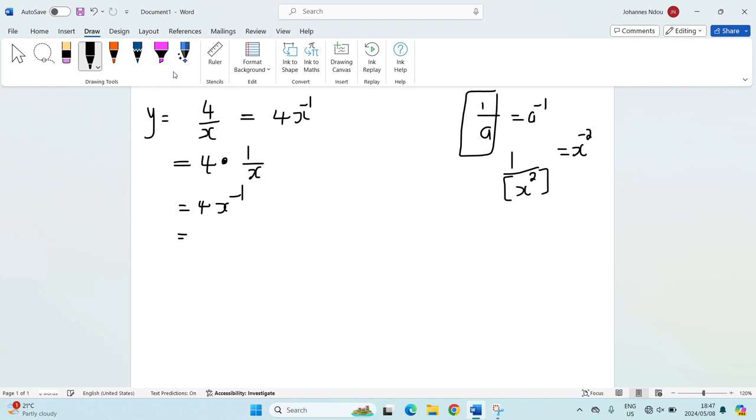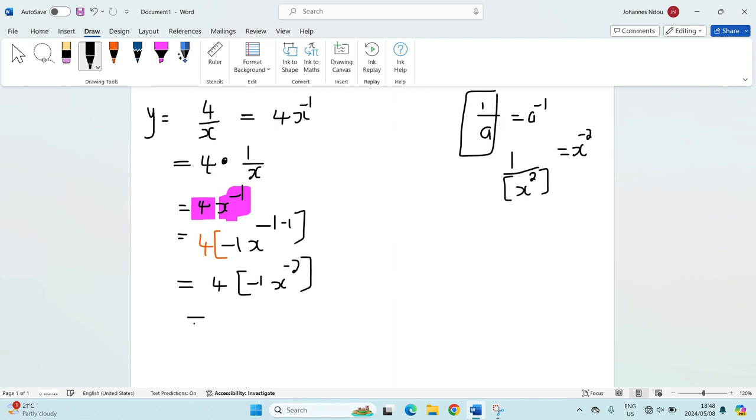Now, likewise, I've got a constant and a function. I'll keep the constant as 4. I don't tamper with it. And then I differentiate the function. I move the minus 1 to the front. This will be minus 1x. Subtract 1 from it. Now, I'm going to have minus 1, minus 1. And at the end, I will have 4 multiplied by negative 1, x to the power of negative 2.